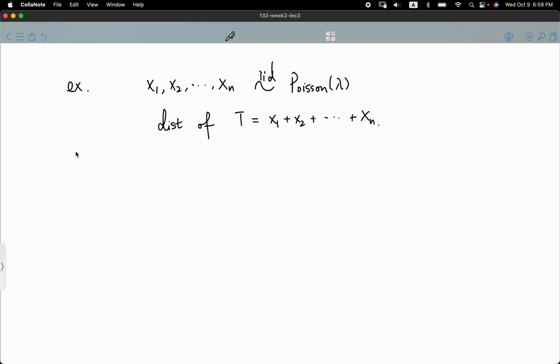Again, as our template, we write down the moment generating function with respect to the random variable of interest here, which is the capital T. And because they are independent, it is just the moment generating function for x1 multiplied by the moment generating function for x2, and then multiplied all the way to the moment generating function for xn.